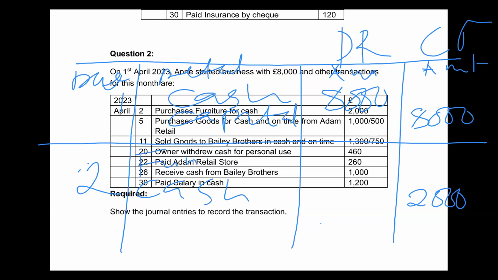The reason we are not saying purchases of furniture is that furniture is a non-current asset. You may not really call it a purchase, unless the business is in the business of buying furniture and selling it. You get the point. Yeah, makes sense. That's when you can say it's a purchase. But here, let's just write furniture. Same amount.